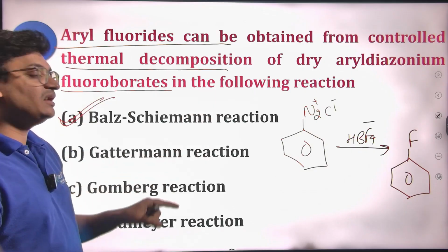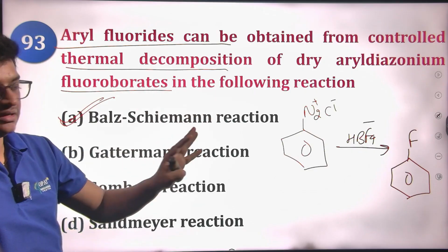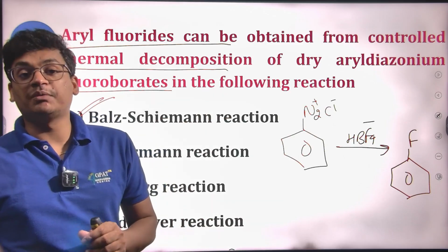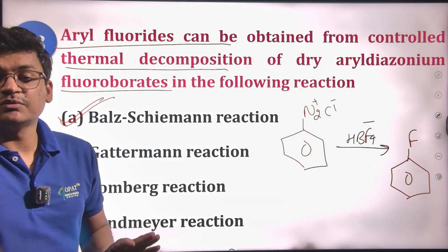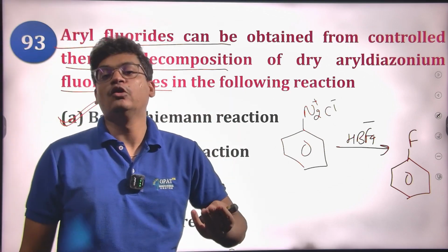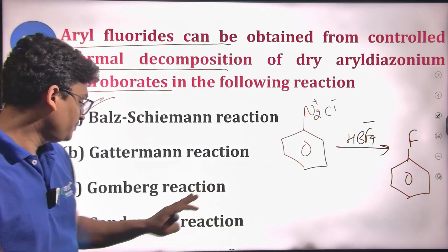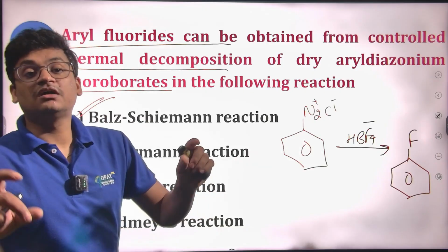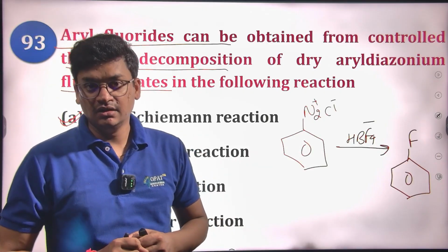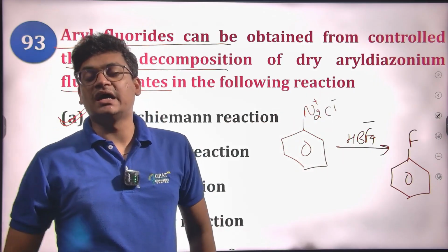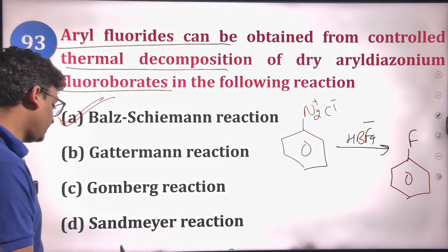Gattermann reaction is also the case for this N2 plus Cl minus, the diazonium salt, but that is for the preparation of other halobenzenes, not for fluorobenzenes. Gomberg reaction is the coupling of two benzene rings. N2Cl, when it reacts with benzene, both aryl rings get coupled, and this is the Gomberg reaction.